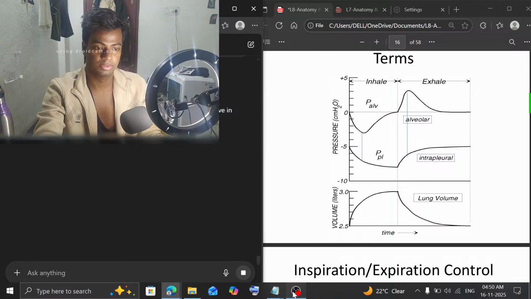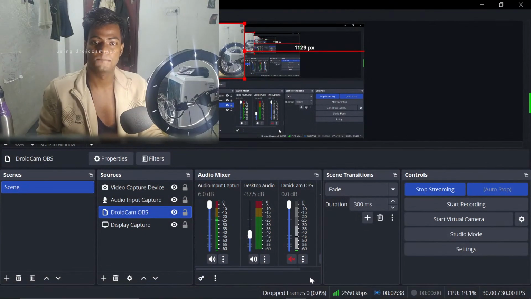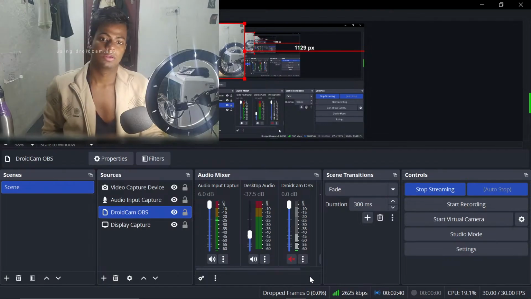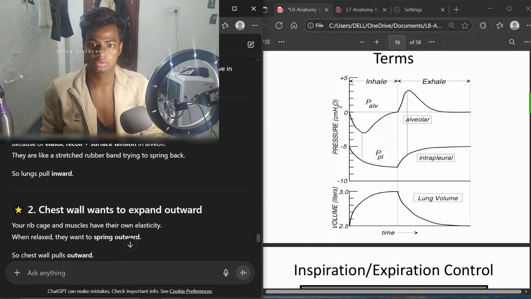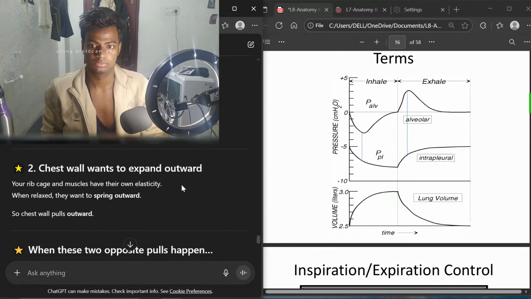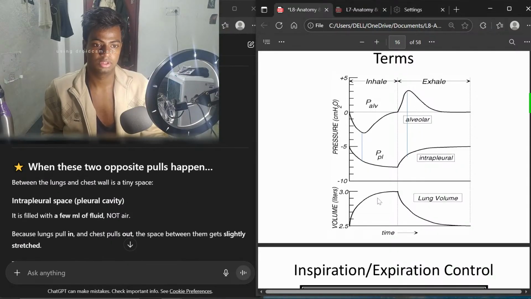This is how it becomes negative. And volume, it's easy.